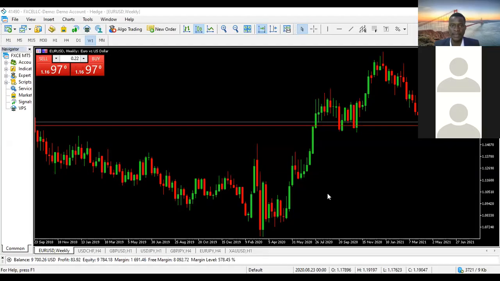So just look at the MetaTrader. For trading, there's a platform you need to use to do the trading business. We call such a platform MetaTrader 4. We have MetaTrader 4 or MetaTrader 5, for those who are joining.